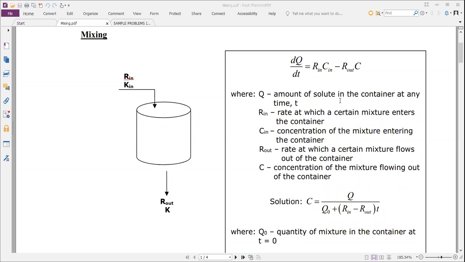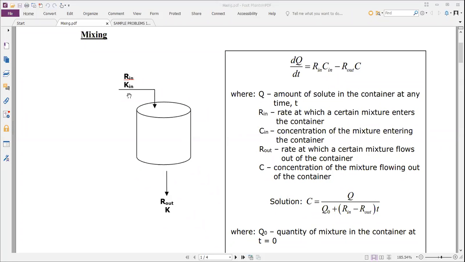Q, the amount of solute in the container at any time t. R sub in, the rate at which a certain mixture enters the container. And this is always, 100% of the time, the volumetric flow rate, meaning it's volume per unit time. I'm referring to the units. The C sub in is the concentration of the mixture entering the container.